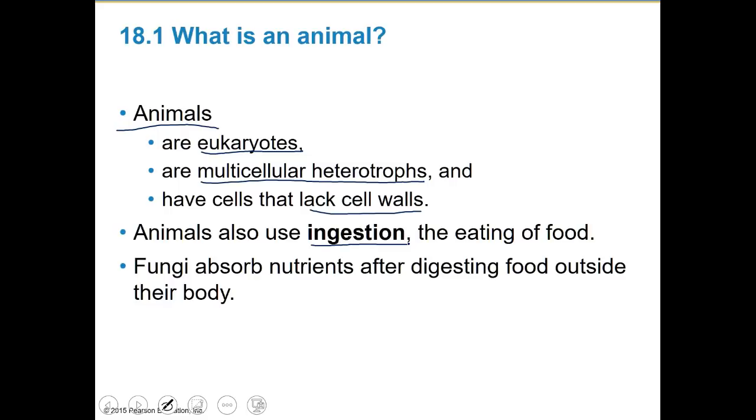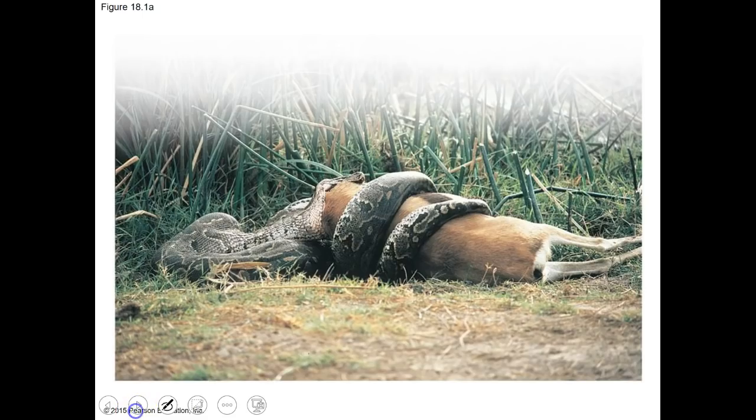Unlike the fungi we just watched, which were heterotrophs that absorbed nutrients from the outside, these guys use ingestion, so they're processing internally. Fungi absorb nutrients after digesting food outside of their bodies; these do it inside their bodies instead.